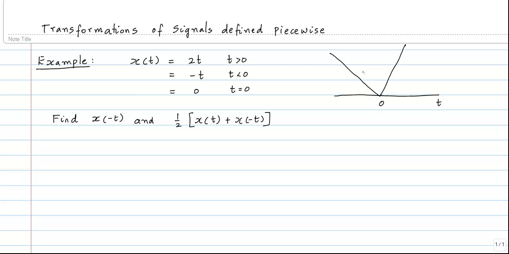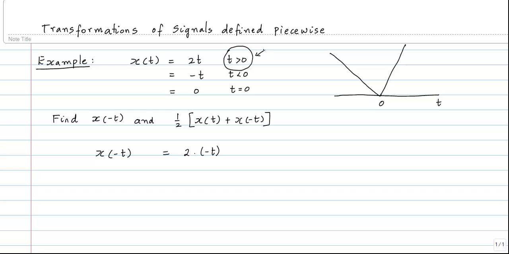Okay. Now, of course, all I have to do is to replace t by negative t to obtain x of negative t from x of t, right? So I could write x of negative t to be 2 times negative t. But the important thing I want to point out in this video is, what do you do to the range of values of t over which this expression is valid?